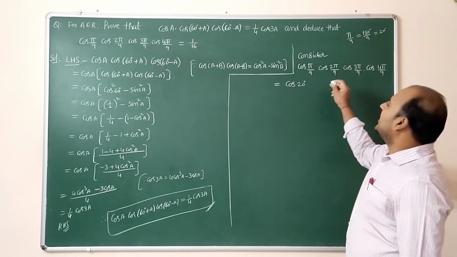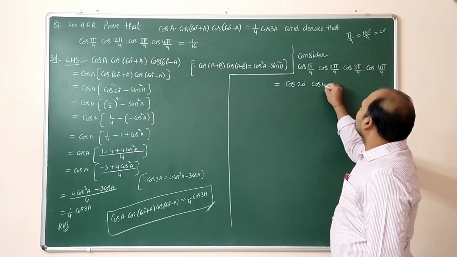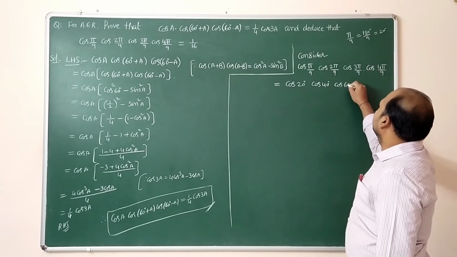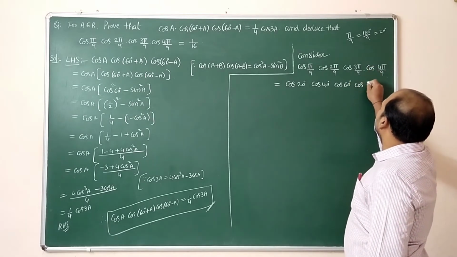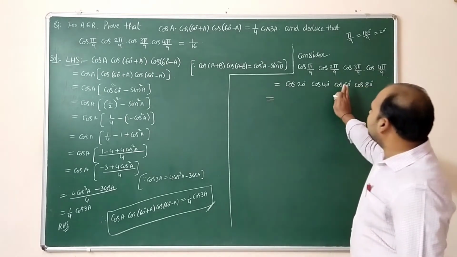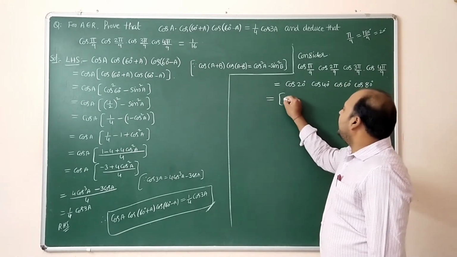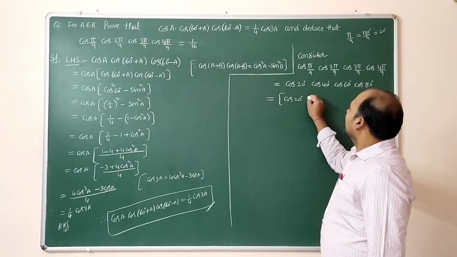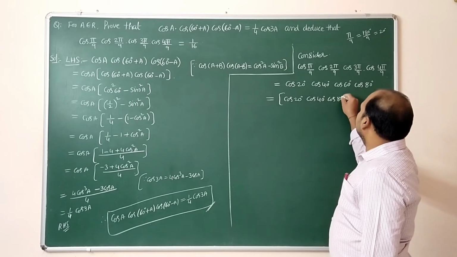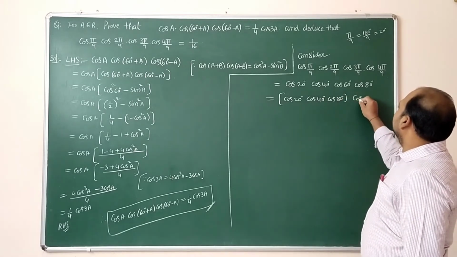2 times of pi by 9, that means cos 40 into cos 3 times of 20, 60, into cos 4 times of 20, 80. Again this can be written as, except cos 60, you can write it as cos 20, cos 40 into cos 80 into cos 60.